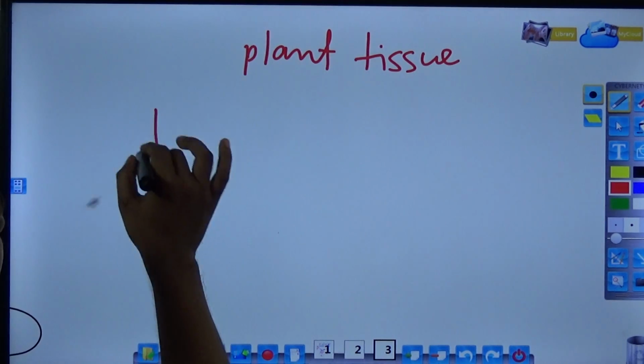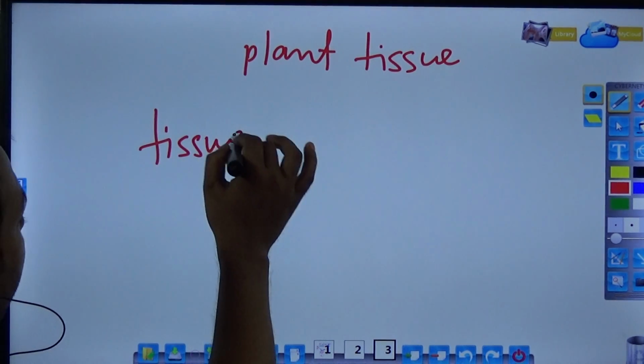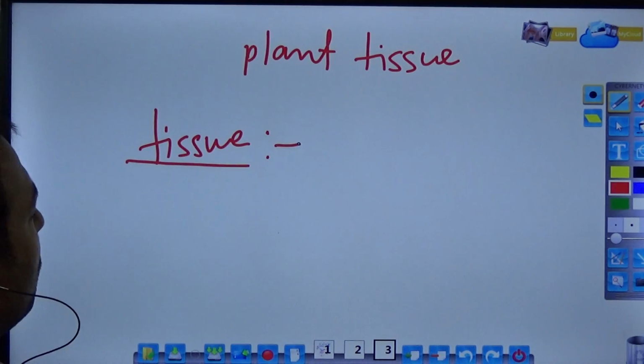First of all, I have given a definition of tissue.